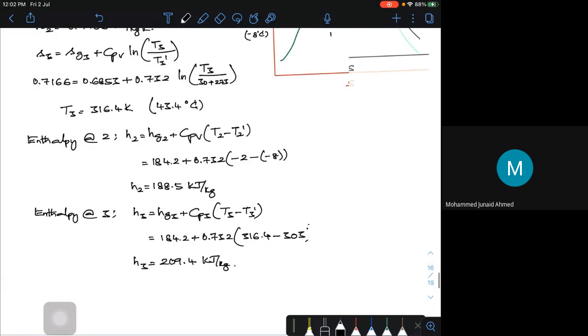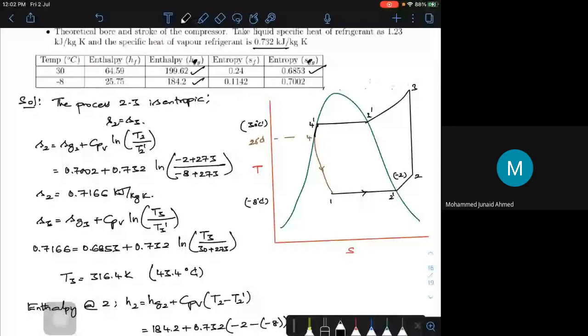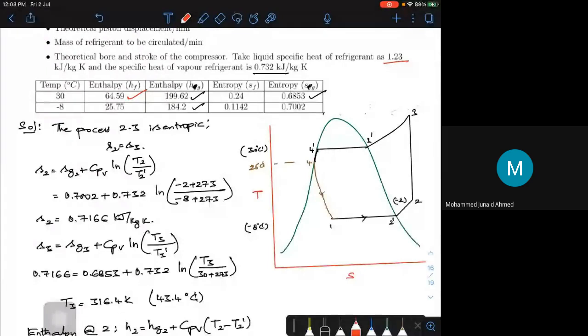Now, what is the enthalpy at point 4? Because there is subcooling, the enthalpy at point 4 is equal to H4 dash minus C of liquid, that is 1.23, into delta T, that is 303 minus 298.